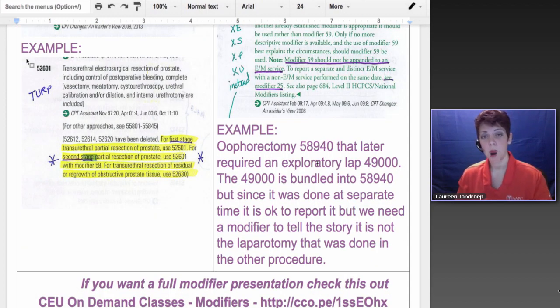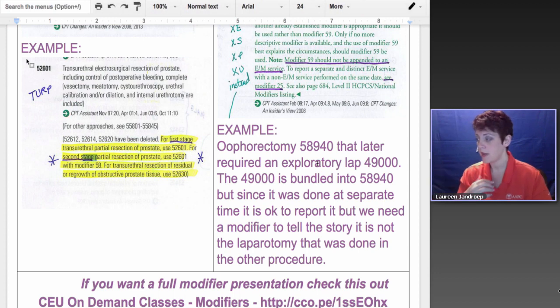Now, part of coding that we learn is that the approach is bundled in. So in order to get to the ovaries, you have to open up the abdomen and go in and excise the ovaries. So that opening of the abdomen, which is a laparotomy, laparo means abdomen, otomy means cutting into, is part of the bigger procedure, the oophorectomy.